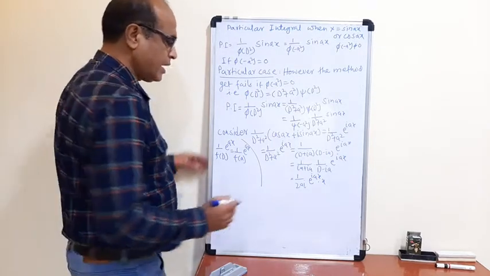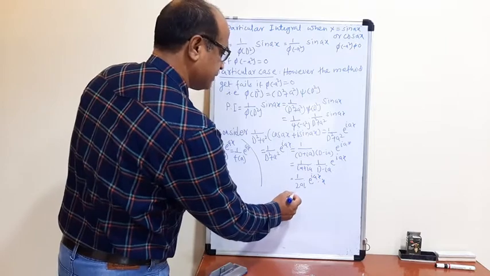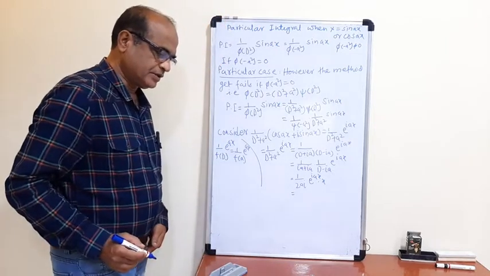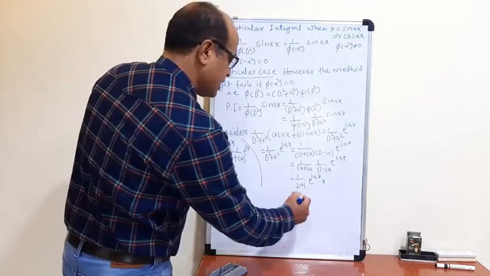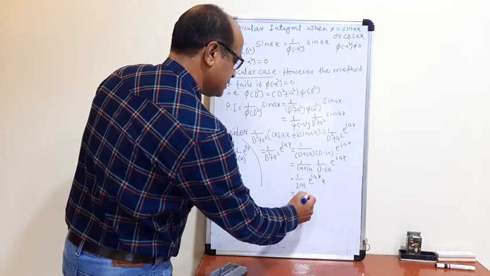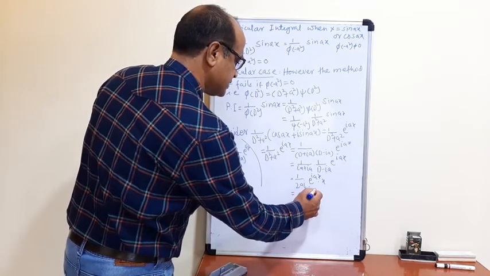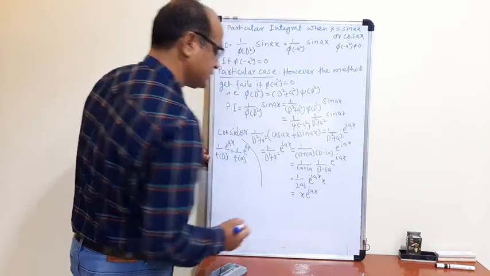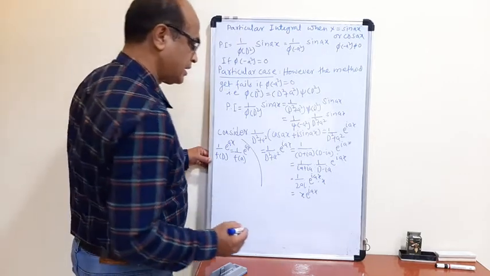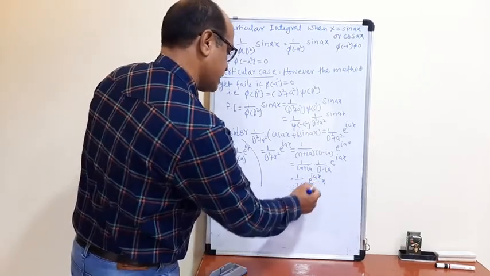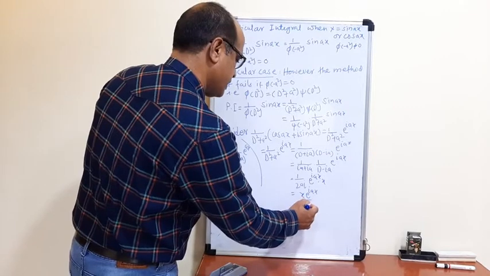Okay. So this is equal to x e raised to ix divided by 2ai.